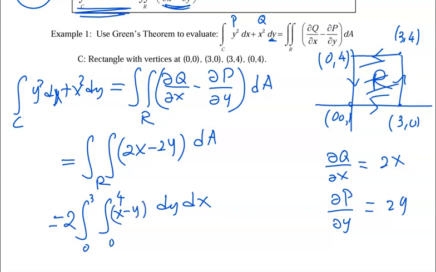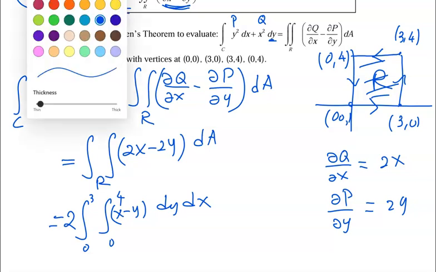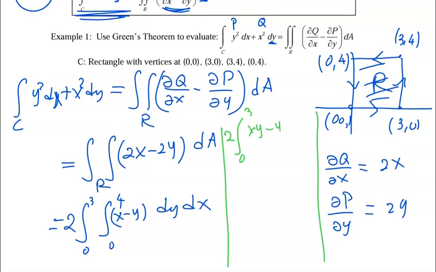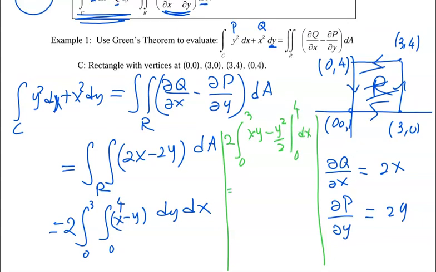Okay, so let's continue here with a different color. So I have 2, integral from 0 to 3, and if I take the integral with respect to y, it's going to be xy minus y squared over 2, from 0 to 4, dx. The 2 is still outside.